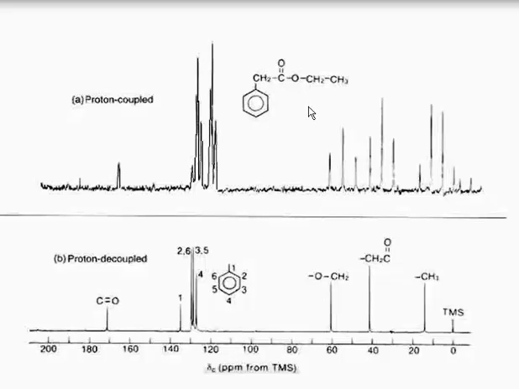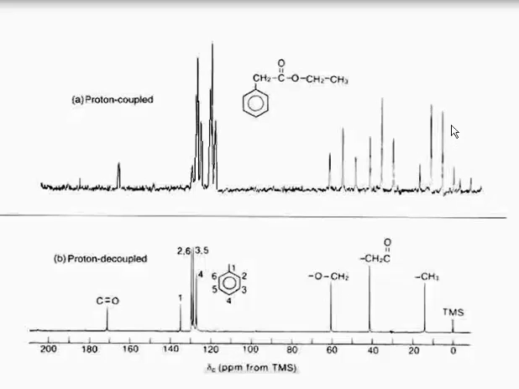As a result, the spectrum is rather complicated looking. For example, the C13 of this methyl group has its signal split by the 3 neighboring hydrogens directly bonded to it. Remember the n+1 rule. The C13 signal is split into a quartet right here.